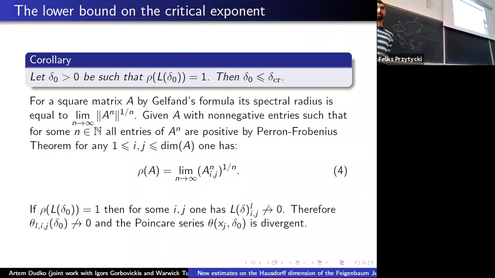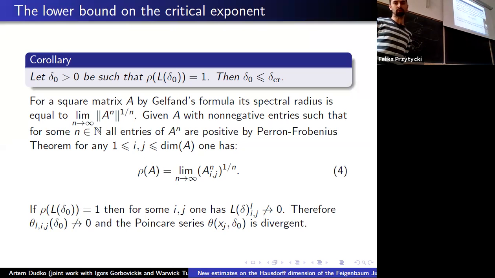So in the case of Macmillan's matrix, if we assume that the spectral radius for some delta is equal to 1, then we can show that for some i and j, the ij-th entry of the L-th power of the Macmillan matrix will not converge to 0.